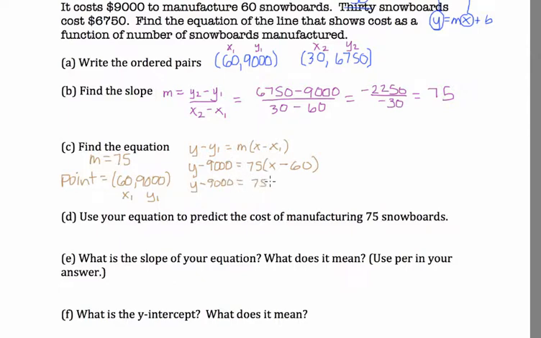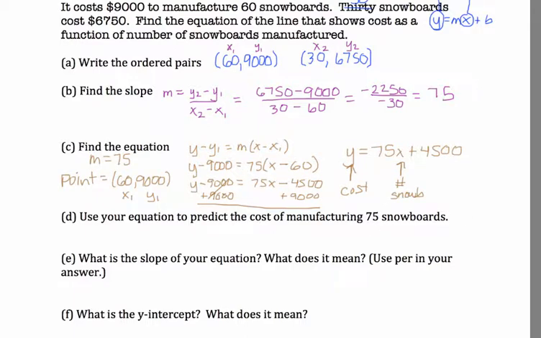Distribute. And add that 9,000 to both sides so that we get y by itself. So I get y equals 75x plus 4,500. And remember, x is our number of snowboards, and y is our cost.